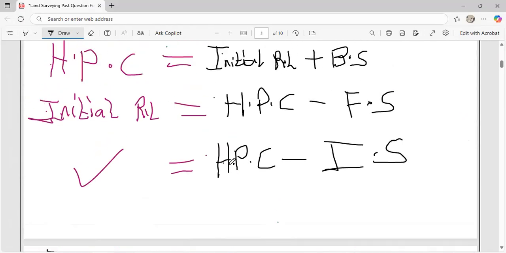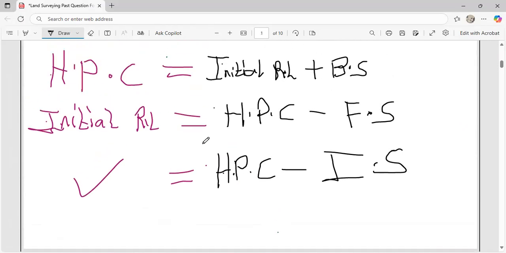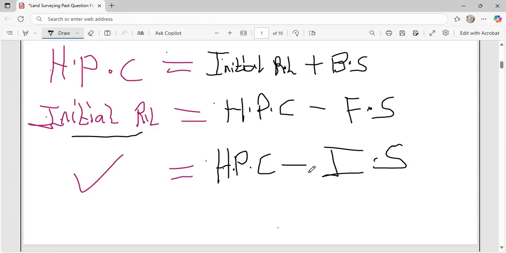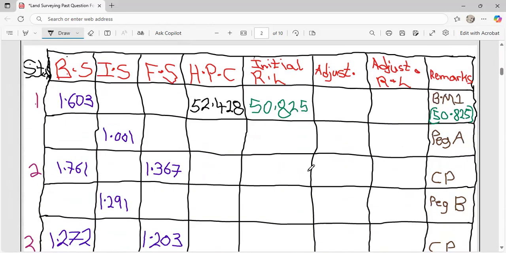Let's go back to the formulas we wrote over here again. We said that to also get our initial reduced level, we have to what? Subtract either a foresight or an intermediate sight from an HPC. Okay. So if that is the case, the only HPC we know at the moment over here is what? 52.428.